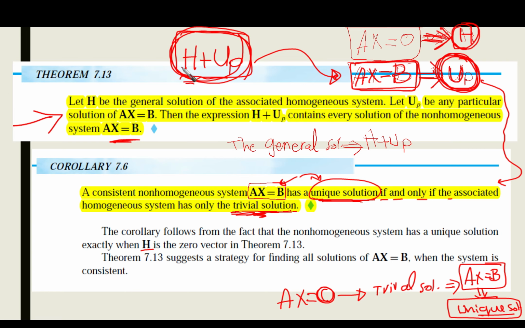Whenever H is 0, our solution is going to be UP only, which is the unique solution in this case. But if H does not equal 0, then we have a general solution UP plus H. So Theorem 713 suggests a strategy for finding all solutions of AX equal B when the system is consistent.